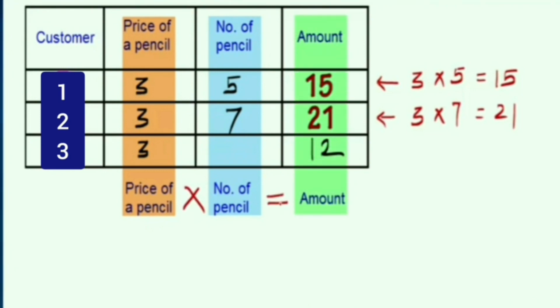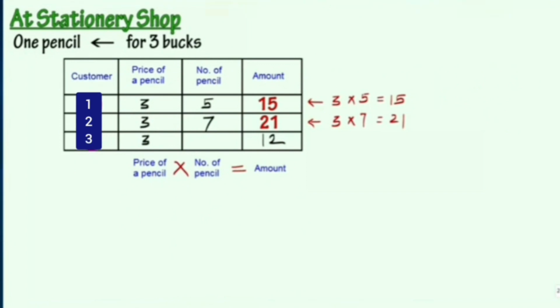But for the third customer, in 12 bucks, what will be the number of pencils? How to find that? Well, we have to divide the total amount 12 by the price of a pencil, that is 3, and that will give us 4.